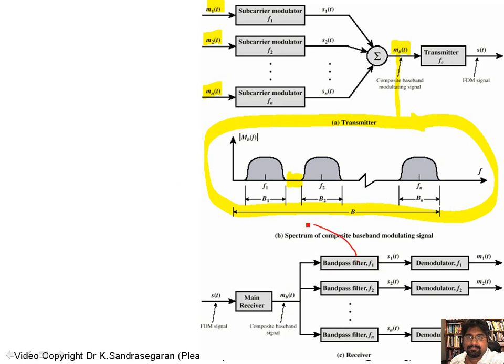F1 will just pick up that group of frequencies there, and it'll filter out all of the other components, and then the filtered signal is demodulated with frequency F1, and it'll result in the original M1 signal coming out here. So this is how a typical frequency division multiplexing system will be implemented.